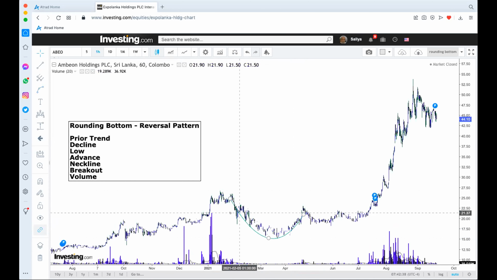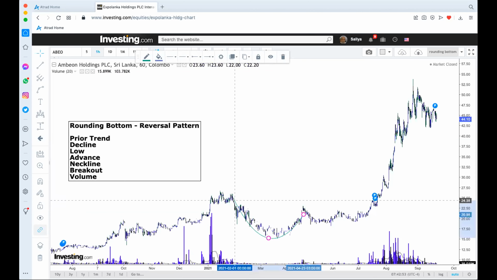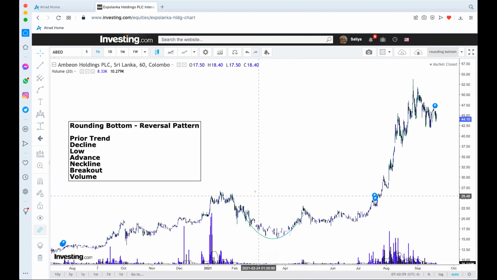The idea is to join bottoms as much as possible. Then it becomes an accurate rounding bottom line. You can make use of this area or even this area, right? Like that. Then you have this top, and also you have a top here.